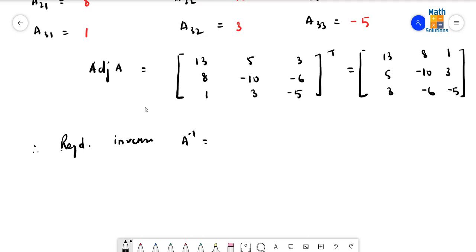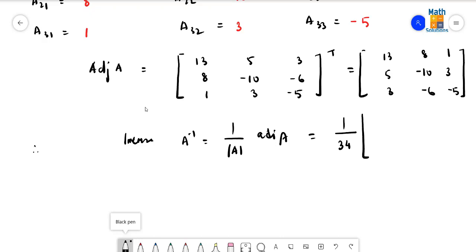Directly we can write, hence, A inverse is equal to 1 by determinant of A into adjoint of A. So I can put here 1 by the determinant value we already got as 34 into 13, 8, 1, then 5, minus 10, 3, then 3, minus 6, minus 5. So after this, what would I get?